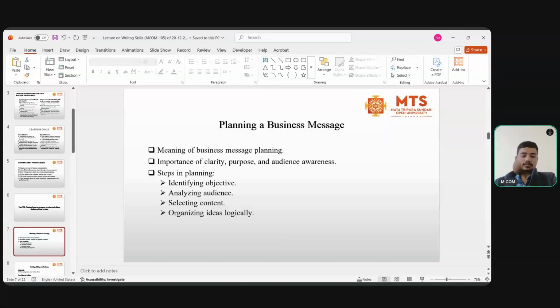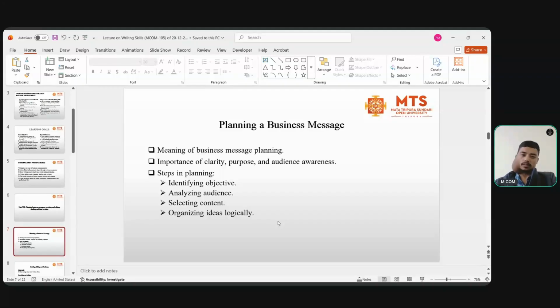That is about planning. The first step in planning is, as I said, you have to identify the objective. Ask yourself, why have you taken up that topic or objective? Why am I writing this message?